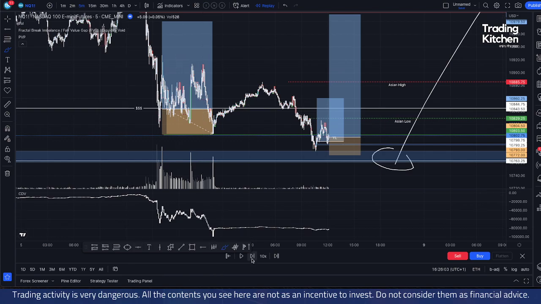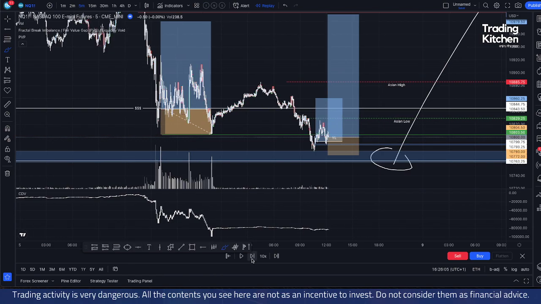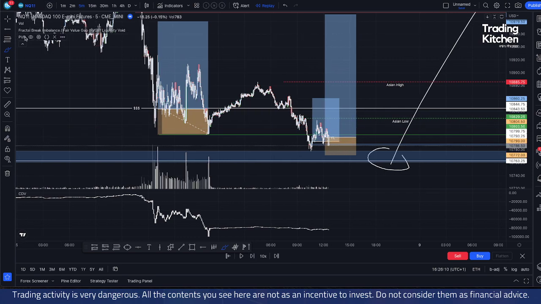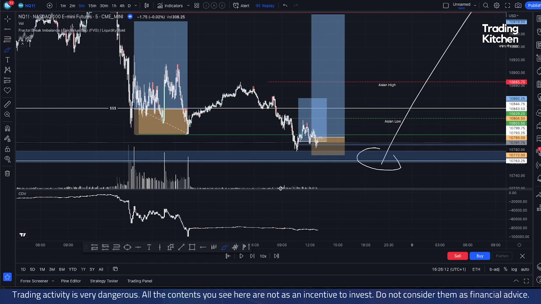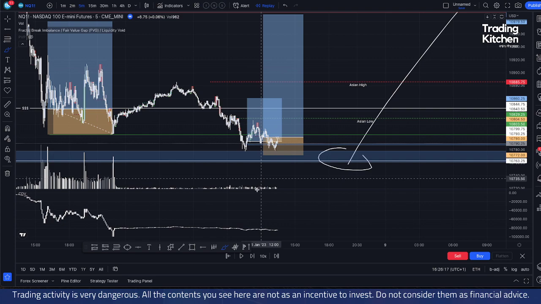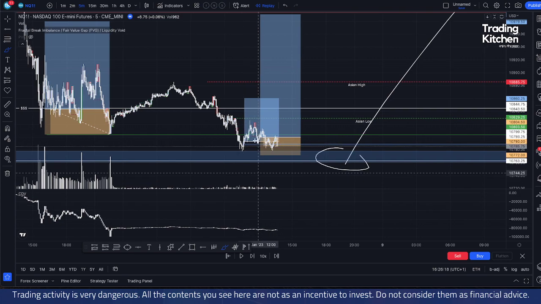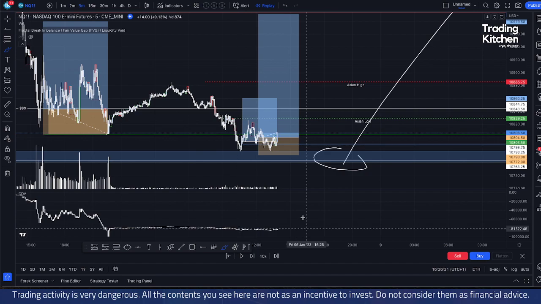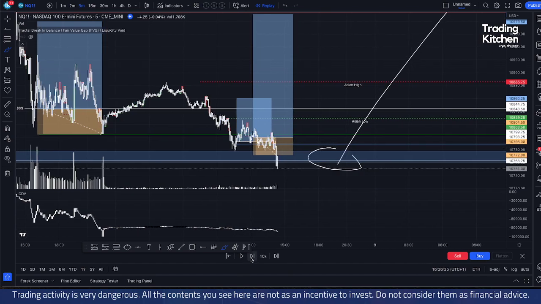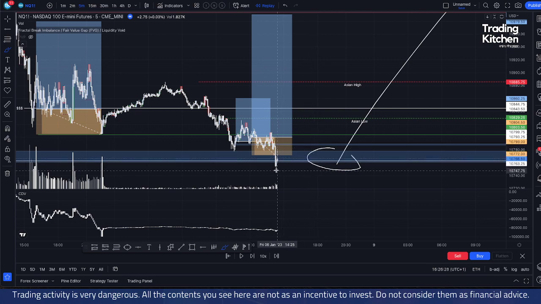So let's see what happened. Oh, sorry, let me remove the periodic volume profile. Okay, we are inside the first zone. Stop loss, and as you can see, it is 10 minutes before US Open.